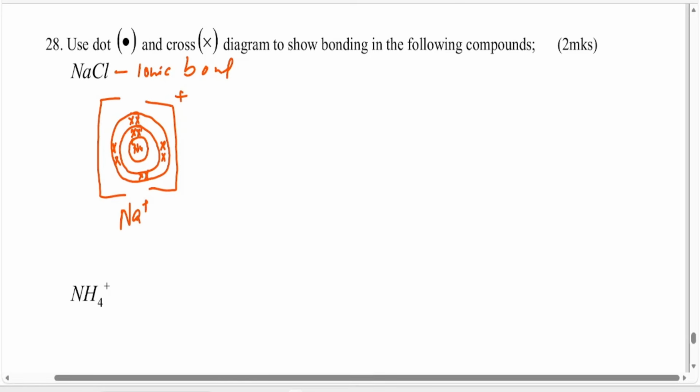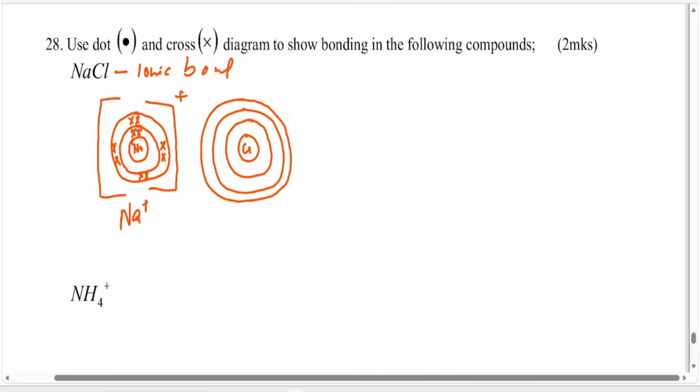And then for chlorine, chlorine is 2, 8, 7 and it's going to gain 1, so we are going to have 3 energy levels. So we have the first one, the second one, and then the third one.